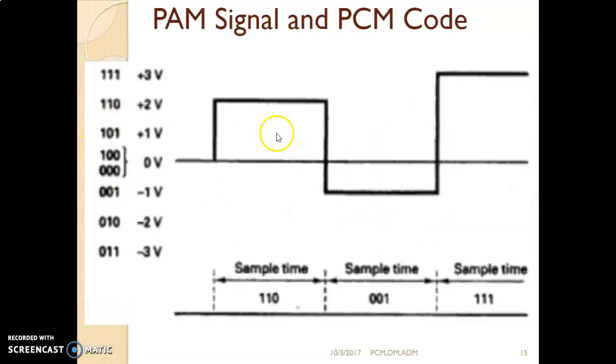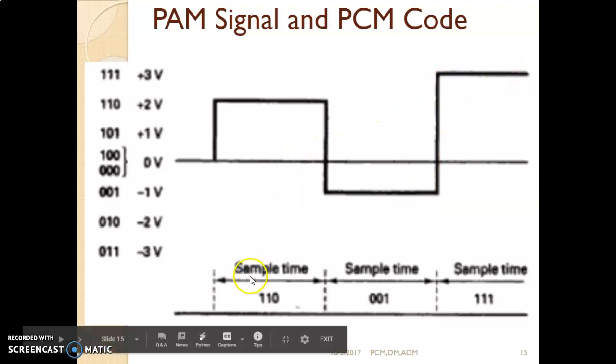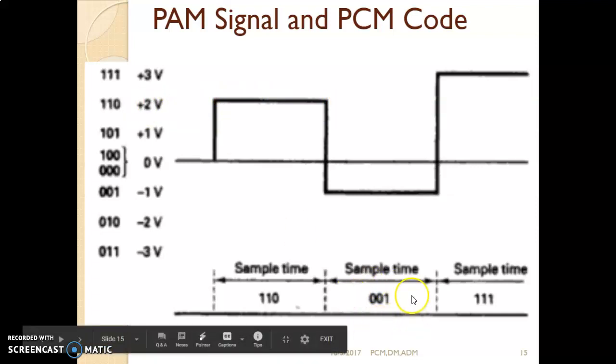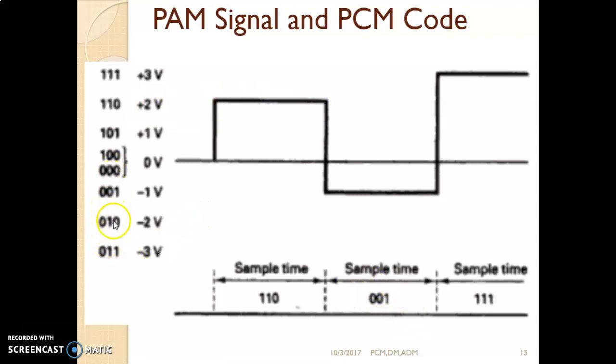Here you have a sampled signal, which is called our PAM signal, and to each and every level we are assigning a code, and this code is 110. So 110 means this sample we have rounded to +2 volt. 001, so you can see the 001 code is here.